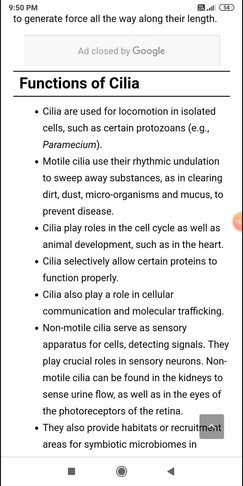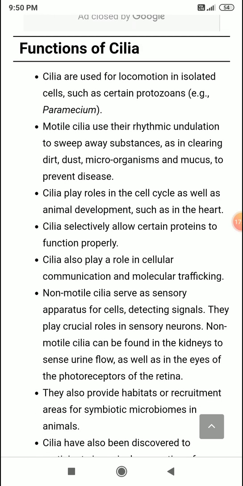Cilia play roles in the cell cycle as well as animal development, such as in the heart. Cilia selectively allow certain proteins to function properly.